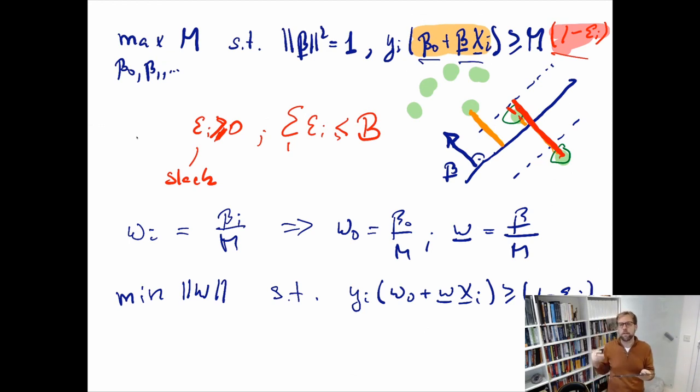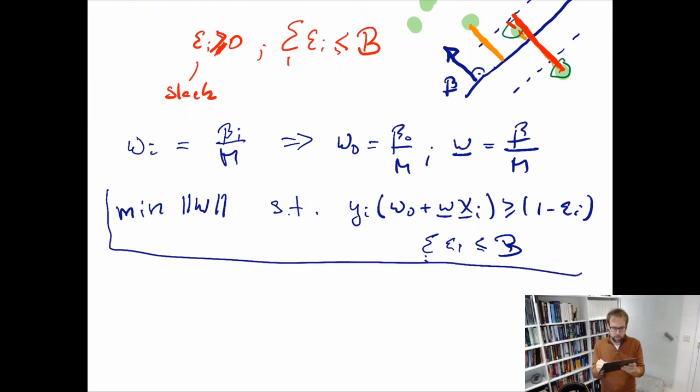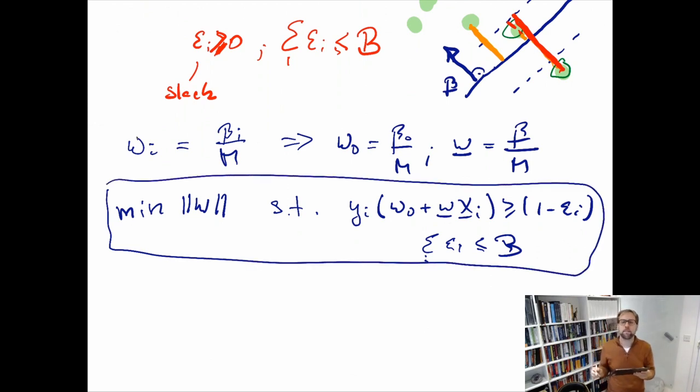The m is gone because I've divided through on both sides by m. So this is exactly the same as before. And now I have the second condition, the sum over i of epsilon_i less or equal to b, the budget there. So this is now a new way of writing the optimization problem, where I replaced beta by omega.